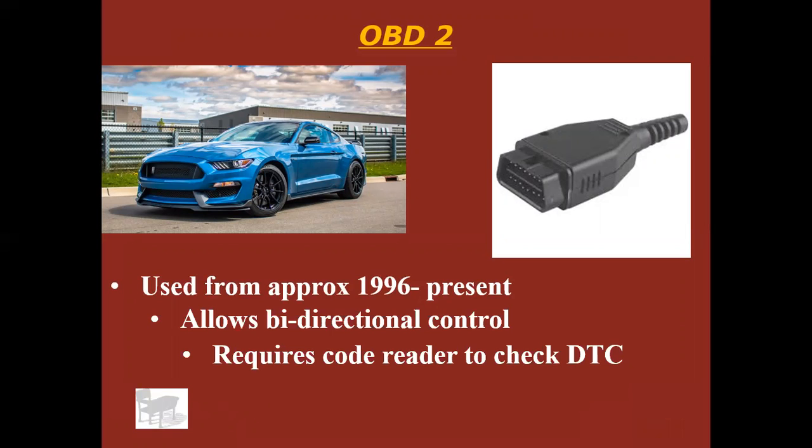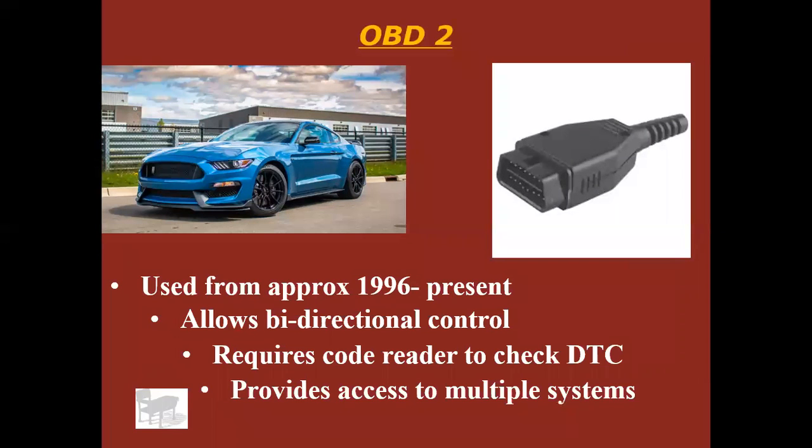And you've got to have a code reader. Also, your code reader will be able to access not just the engine. It might be able to talk to the transmission as well. My gosh, it could even talk to the power door locks on some vehicles, that type of stuff.